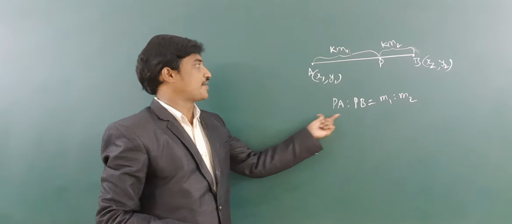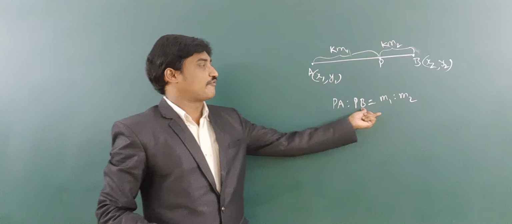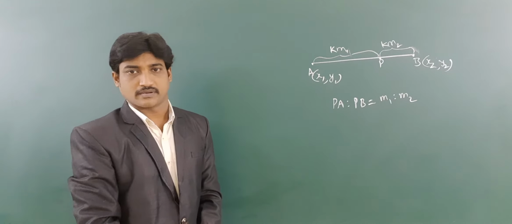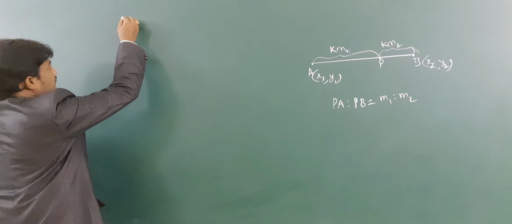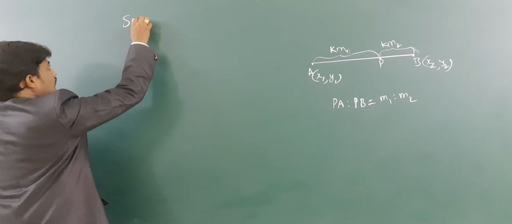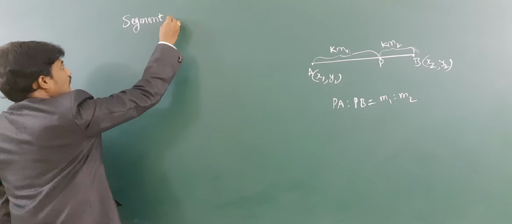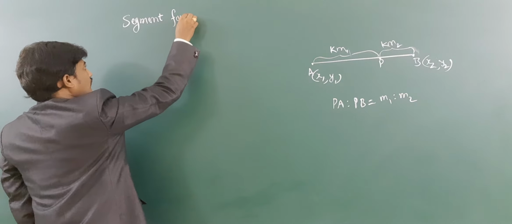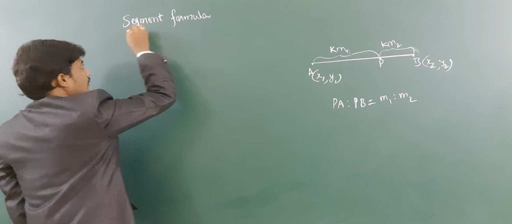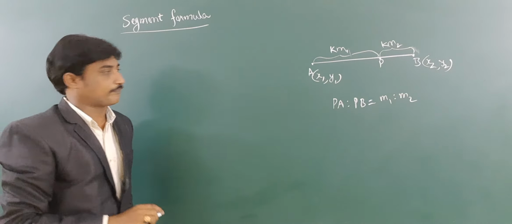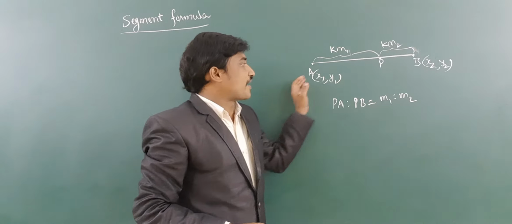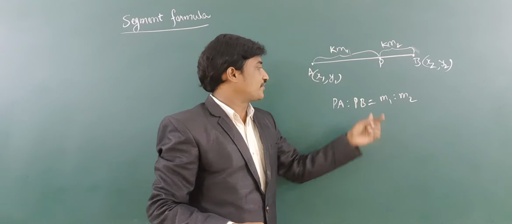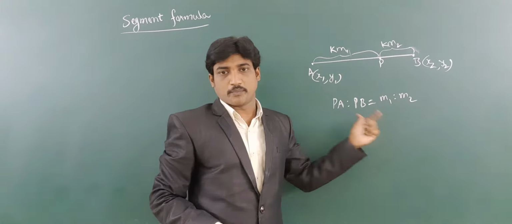In the case PA is to PB is m1 is to m2, then we can write the section formula. P is a point which divides the line segment AB in the ratio m1 is to m2.